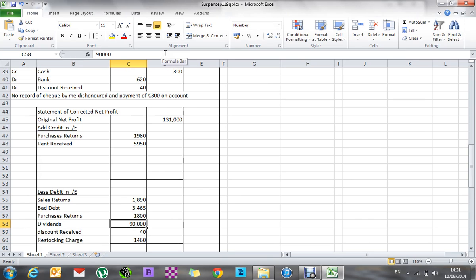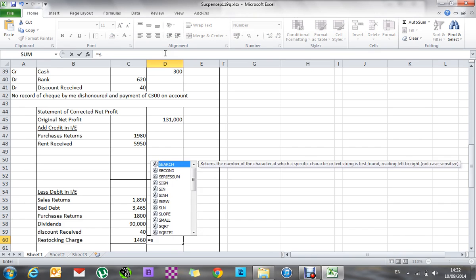Now, so I'm going to just correct all this. So I add these two numbers together, I get a total. So that and that will be added together, and then I'm going to add that on to the figure I've got above. So the corrected net profit was originally 131. I'm adding on the credits, which is that, and our debits.